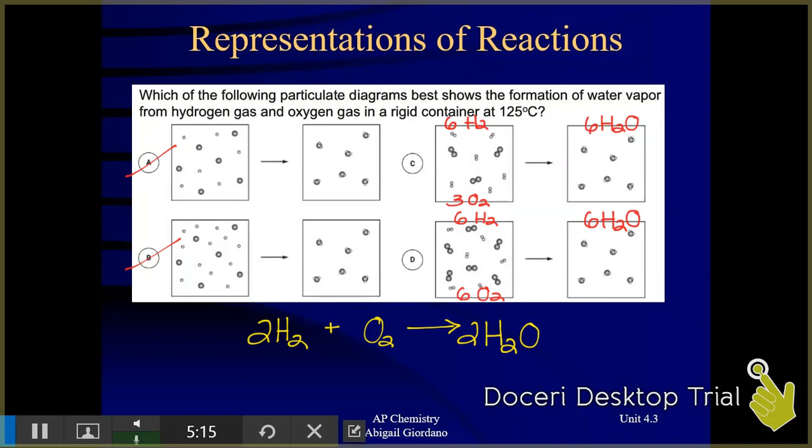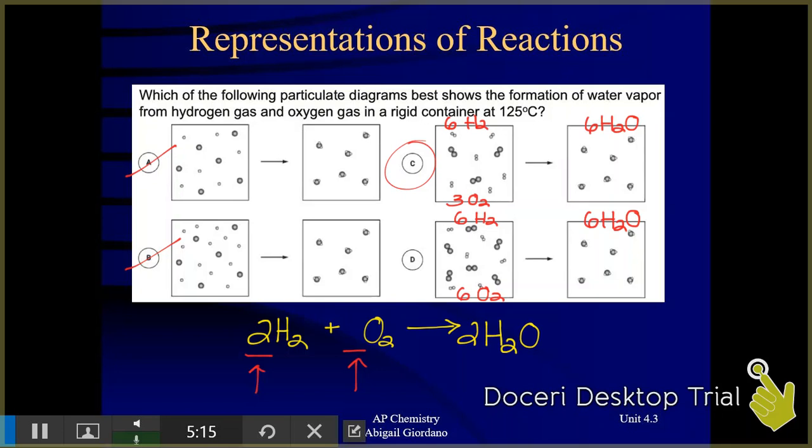All right, so I'm hoping you're able to pick this up. C is going to be our answer here because look at the ratios. Without having any excess reactant left over, if these were to react perfectly, I should have twice as much hydrogen as I do oxygen, and letter C fulfills that need.